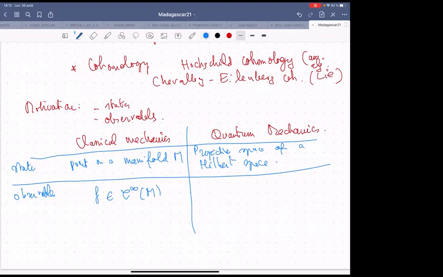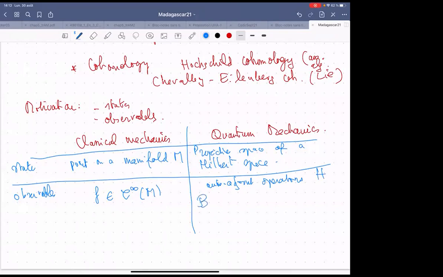This is given by bounded self-adjoint operators of H, the space we were dealing with before.